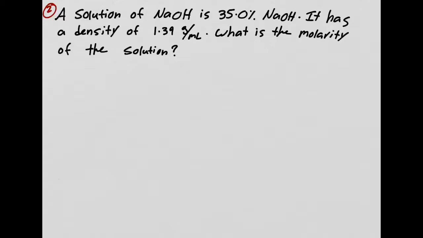Now, one thing I need you to remember, and we talked about this before, we didn't go over this as much in Chem 1A. Every time you have grams and you want to convert to milliliters or liters, what can you use? You can use density.